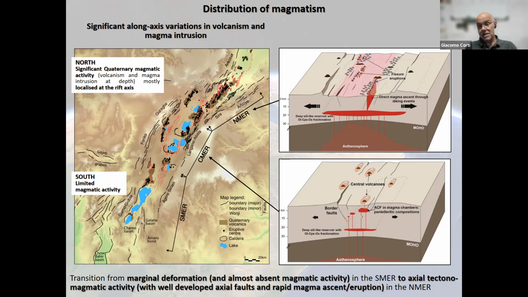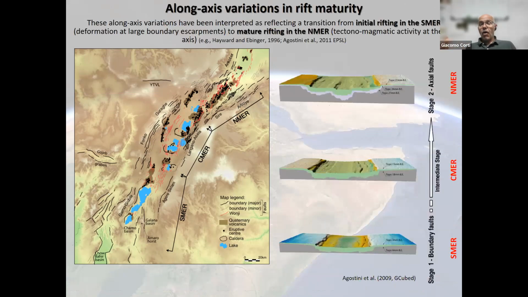And of course, an increase in volcanic activity moving from the south to the north. And this along axis transition has been typically interpreted since the mid-90s by Cindy Ebinger and colleagues.